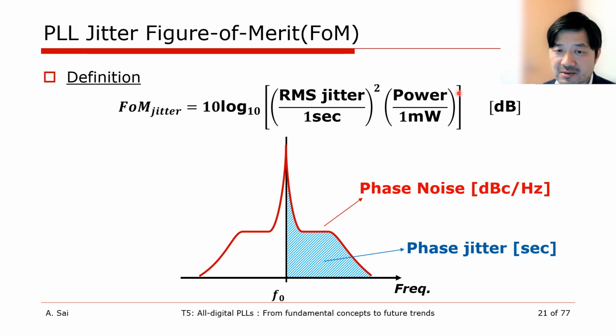This is an index that shows how much phase noise or phase jitter was suppressed by dividing the feed-forward gain of the PLL or the VCO architecture. The smaller the power and jitter, this FOM becomes less. It means better PLL performance.